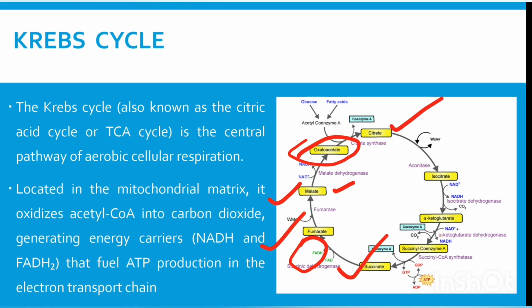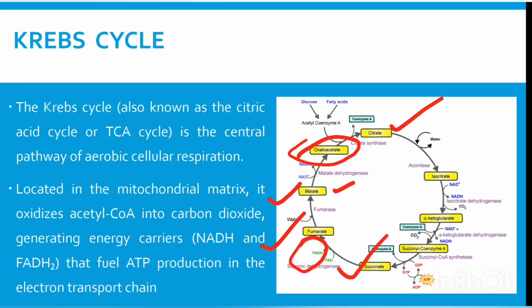The 4 ATPs come from substrate level reactions, that means 2 from glycolysis and 2 from the Krebs cycle. We have 2 NADH from glycolysis, 2 from oxidative decarboxylation and 6 from the tricarboxylic acid cycle, so 6 plus 2 plus 2, that means 10 NADH.